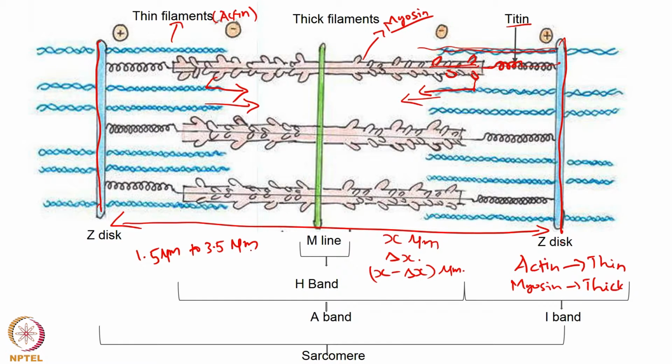We are talking about relatively small scales, so how much force would this be producing? The amount of force that this is producing is of the order of about 2 piconewtons, so 10 power minus 12 newtons. Now, let us compare this with a large muscle.